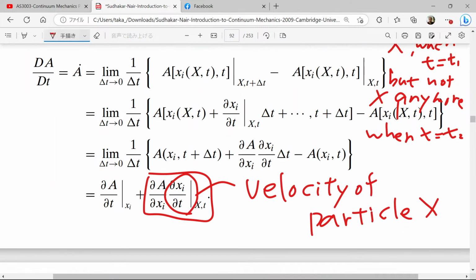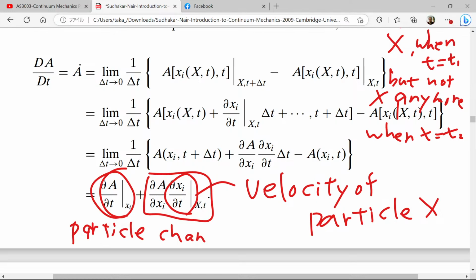So this partial derivative, the particle actually changes, maybe X to X prime or whatever. This is a partial derivative.